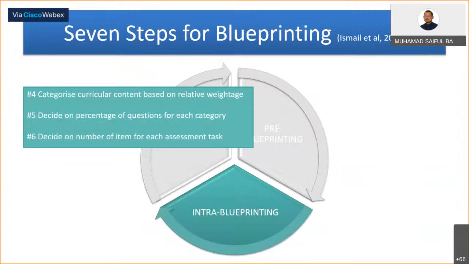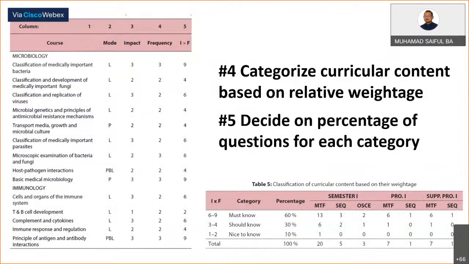After we get that, we classify them into must know, should know, and nice to know based on the IF values. What we decided is 6 to 9 is must know content, 3 to 4 is should know content, and 1 to 2 is nice to know. You can see that we are using multiple true false.